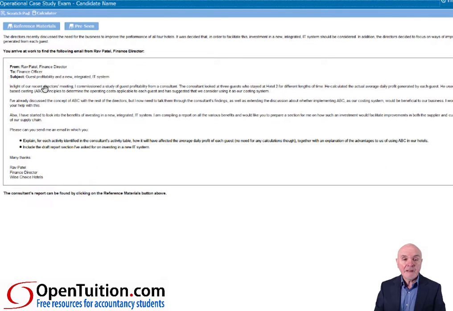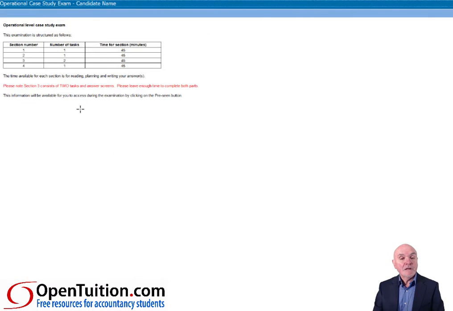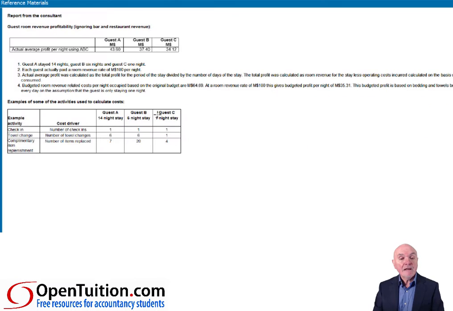We have an email coming to us. It says, please can you send me an email in which you explain for each activity in the consultant's activity table, and so on. And there'll be a little more information below that from the consultant. So we have the task or question set out here with a little additional information which will be very relevant to that task.